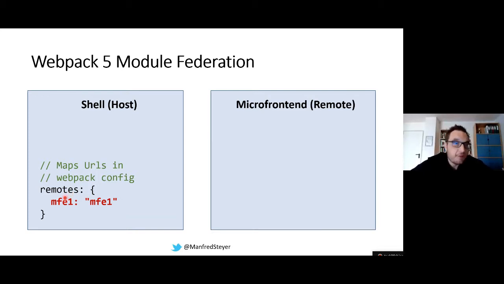I'm just saying, hey, MFE1 stands for Microfrontend 1. Very creative, I know. MFE1 points to another origin. And by the way, over there, it's also called MFE1. I could define an alias here. I could say what's called Manfred here is called Batman over there. But here, I'm not making use of this.